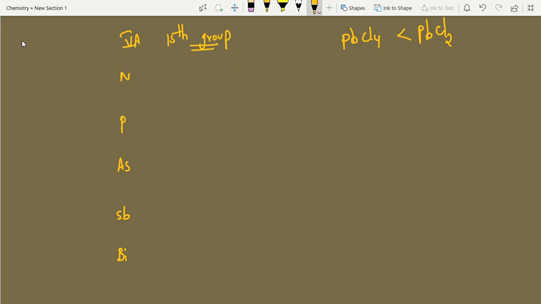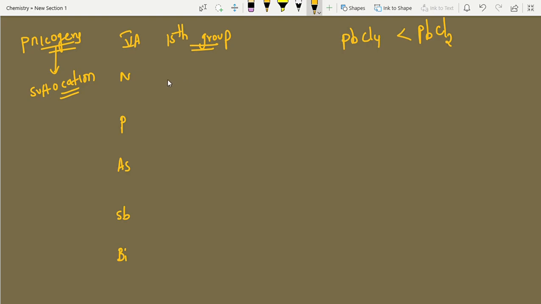What is the common name? Pnictogens. It is derived from the Greek word pniktos, which is nothing but suffocation. Phosphine and others are poisonous gases. If you inhale them, you feel suffocation, irritation, headache, nausea, like this.